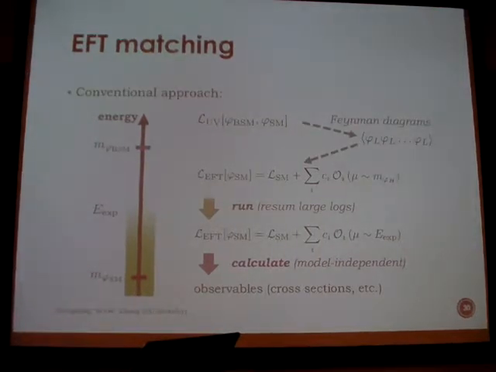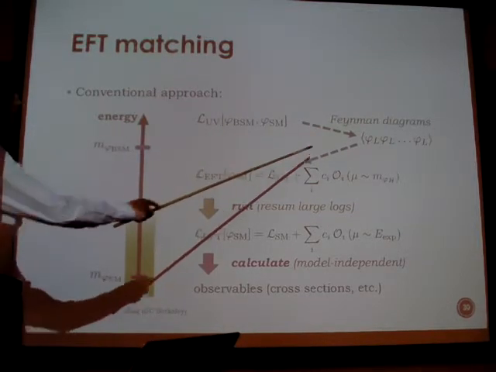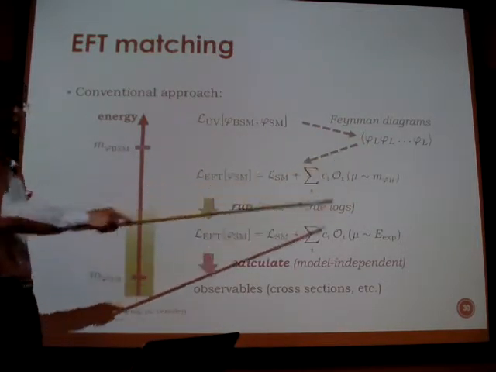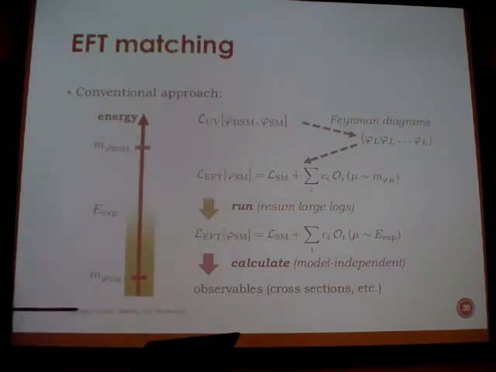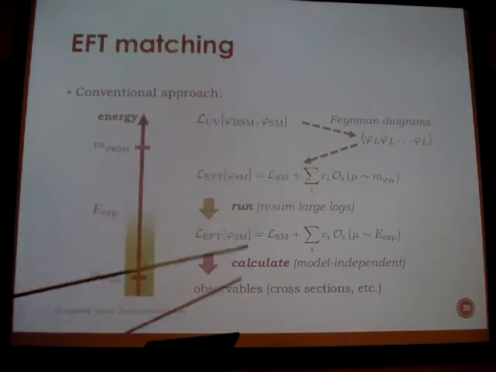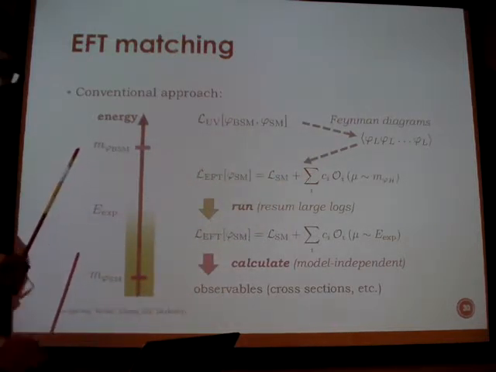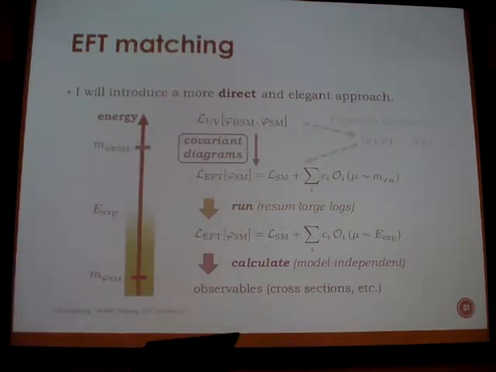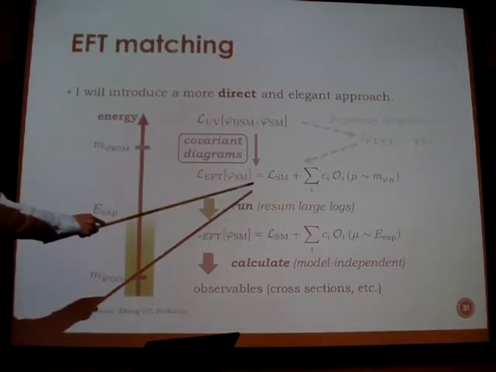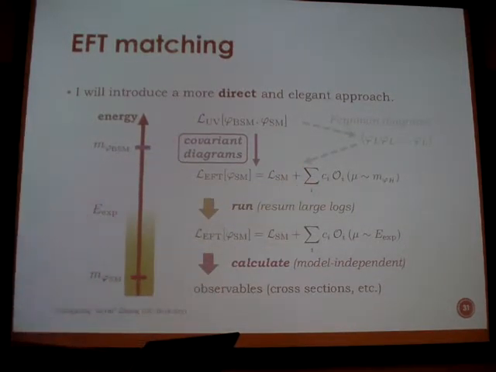The conventional approach to EFT matching is that we use Feynman diagrams to compute a bunch of correlation functions among the light fields using the UV theory, and then we try to figure out what effective operators with what coefficients can reproduce these correlation functions. But this seems like a rather indirect approach, and in fact, I would like to introduce a much more direct approach to go directly from the UV theory to the effective operators without computing correlation functions.